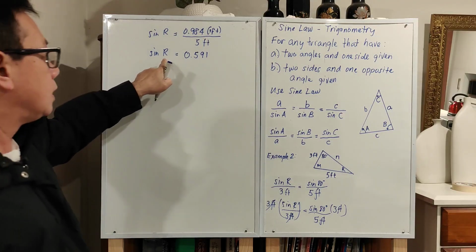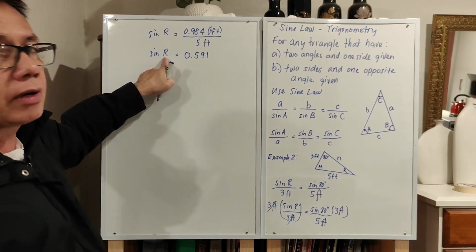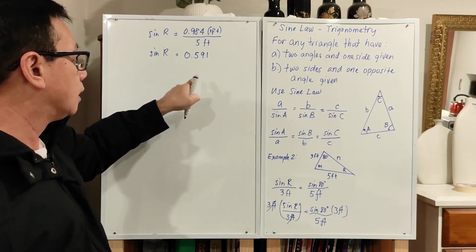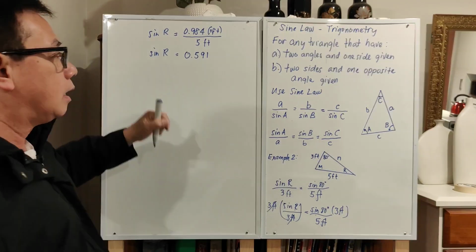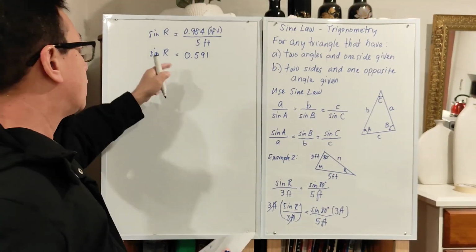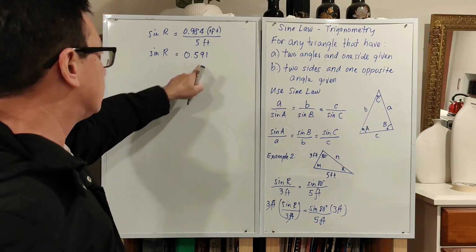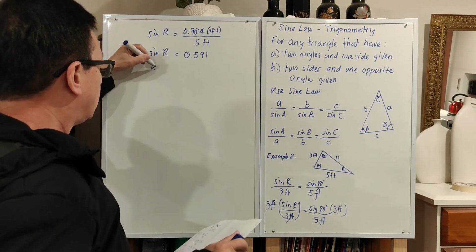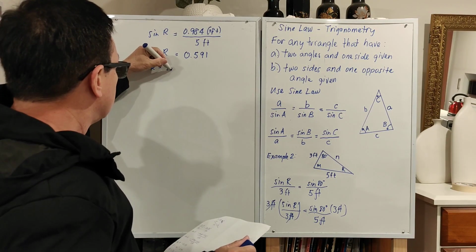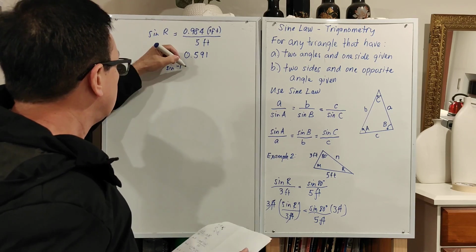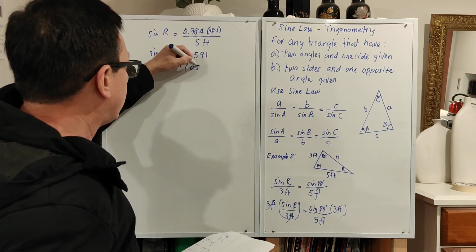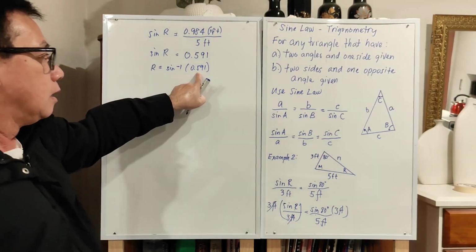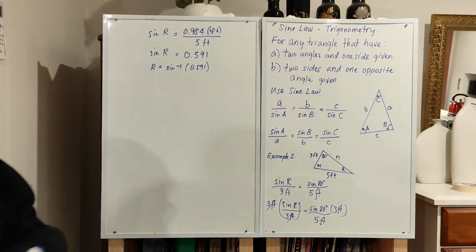Now we're looking for angle R, but we have the ratio. So to get the angle, we have to get the inverse sine of this ratio. So we write it like this: R is equal to sine to the negative 1 of 0.591. So we're looking for the inverse sine of this ratio to get the angle.